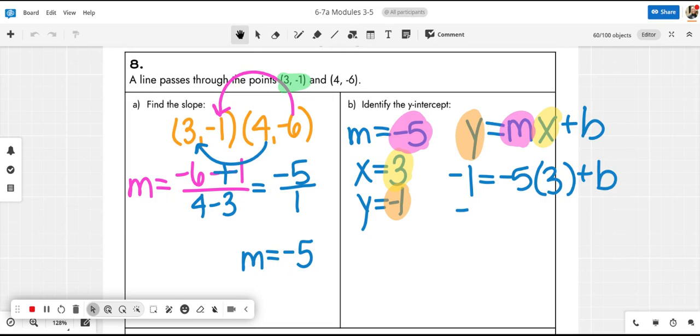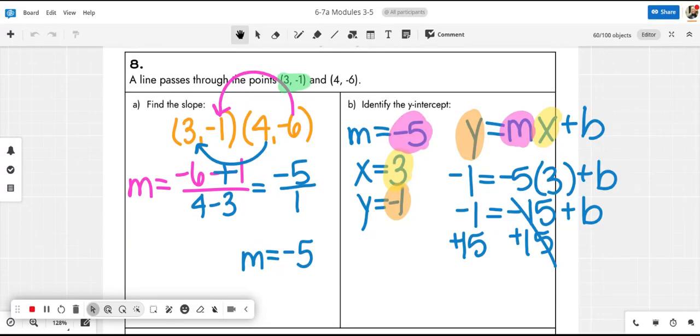Negative 5 times 3 is negative 15. You need b by itself, so you're going to take the opposite of negative 15. I need to add 15 to both sides, because negative 15 plus 15 will be 0. And add 15 over here.